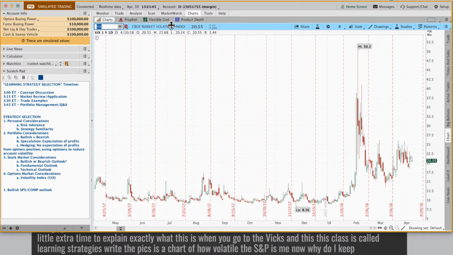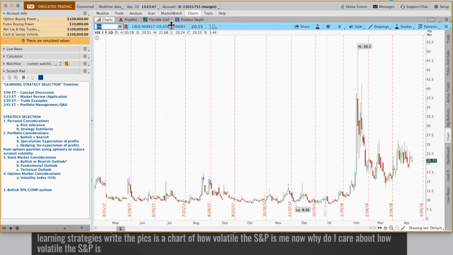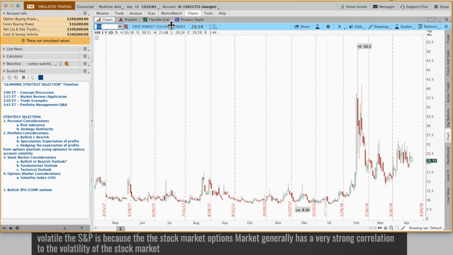Now, why do I care about how volatile the S&P is? Well, because the options market generally has a very strong correlation to the volatility of the stock market. As volatility increases on the major exchanges, what generally happens with the prices of options?